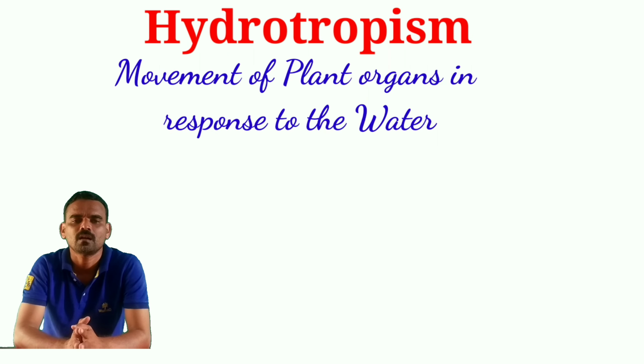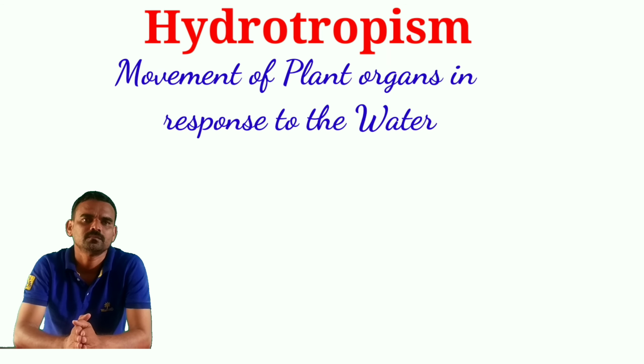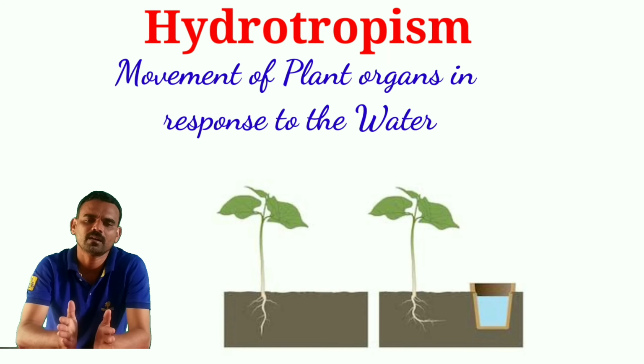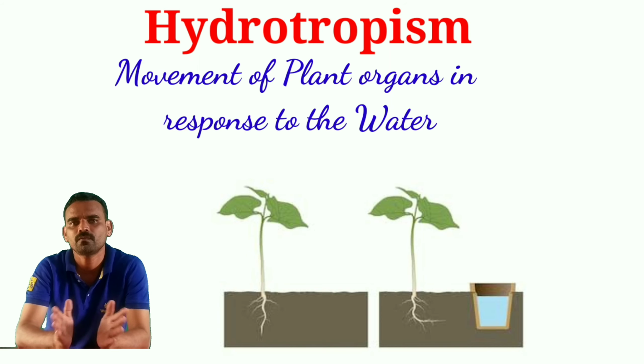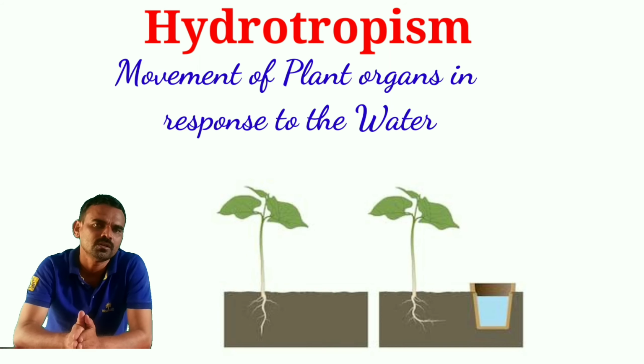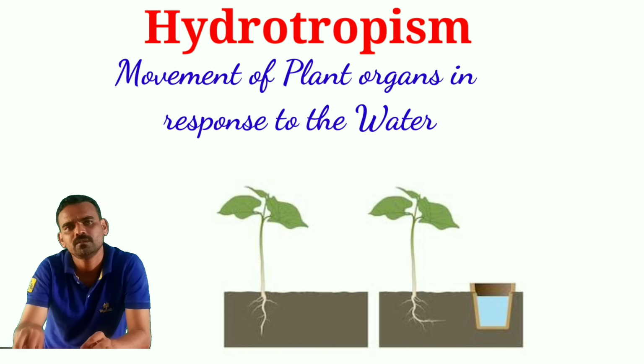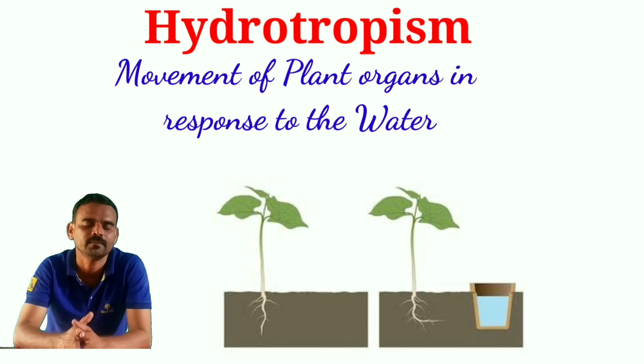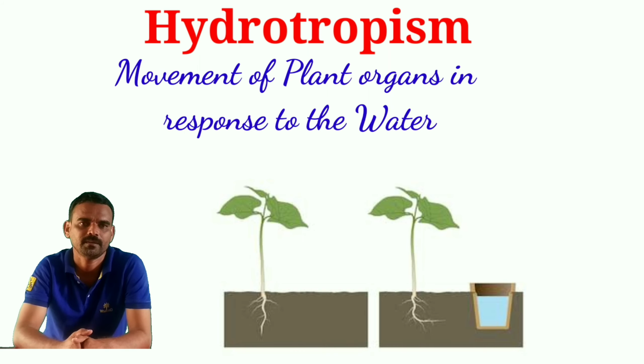Next, that is the hydrotropic movement. Here, the movement of the organ is taking place in search of water or according to the water. Roots are always growing towards the water source or availability of water in the soil. This movement is known as hydrotropic movement.